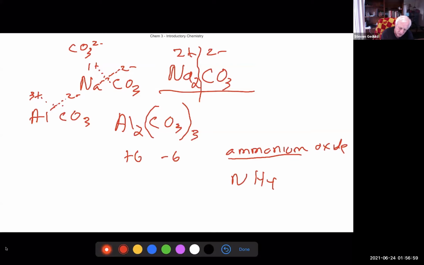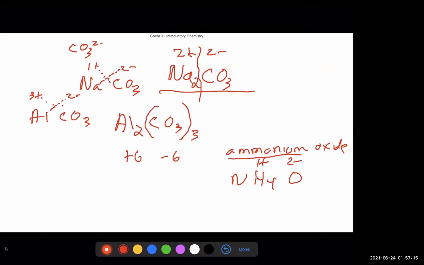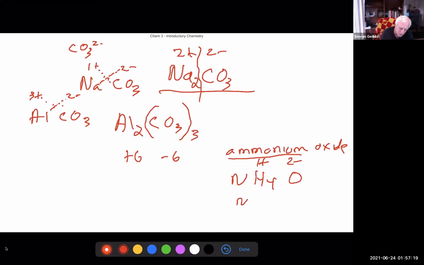Oxide is oxygen. The charge on ammonium, we said, was +1. The charge on oxygen is what? -2. -2. Perfect. Crisscross them. So NH4 gets the 2. Oxygen gets the 1. So NH4, 2, oxygen.